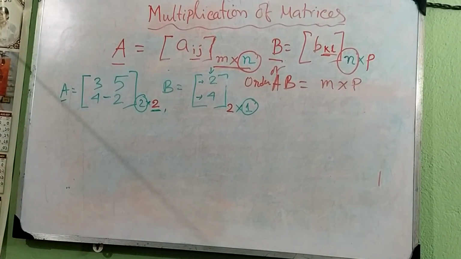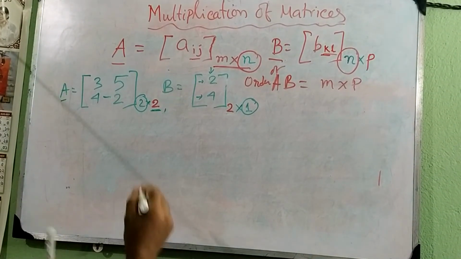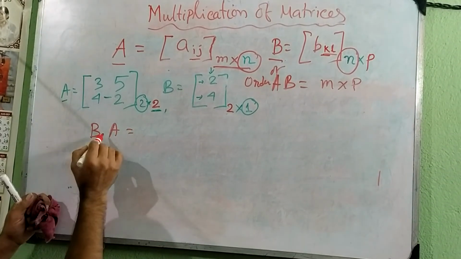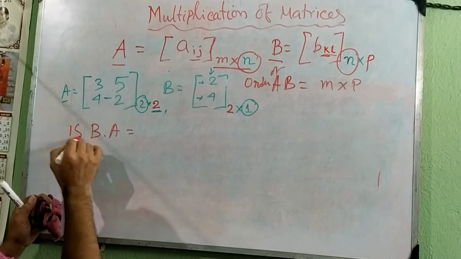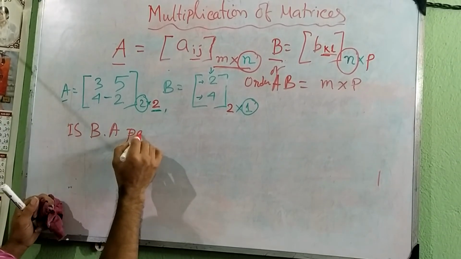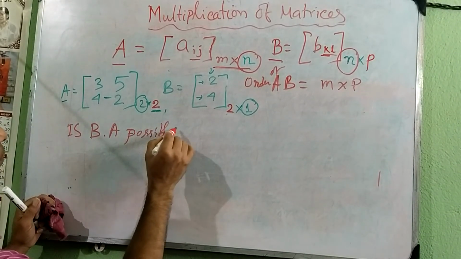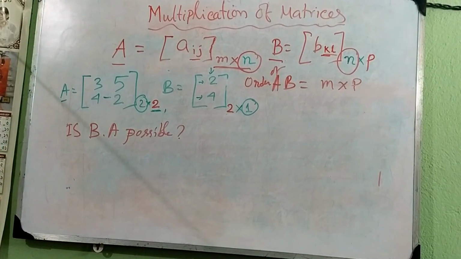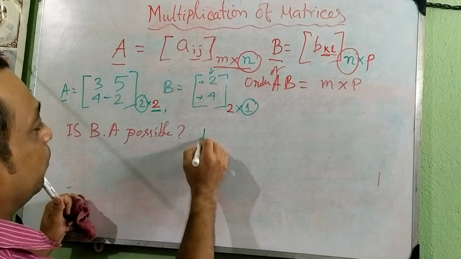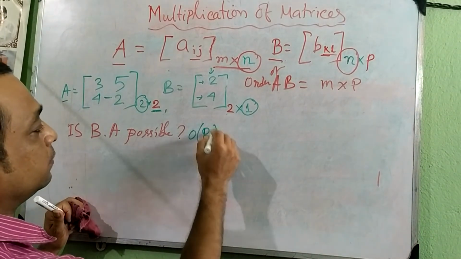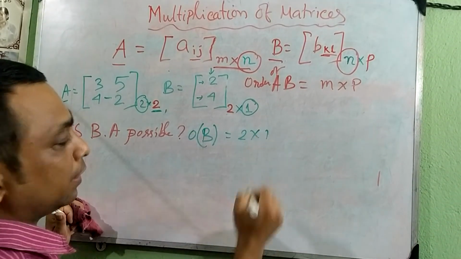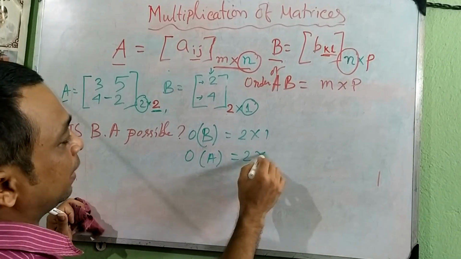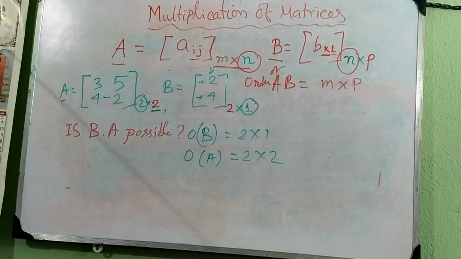Remember this. Now I will ask you whether B into A is possible. So we have to go through the theory again. The order of B is 2 by 1 and the order of A is 2 by 2. What did I say?